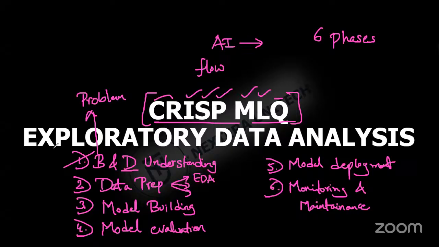EDA stands for Exploratory Data Analysis. So what does it mean? We are performing analysis on the data, where we get the insights. We'll perform the analysis on the raw data to get insights.